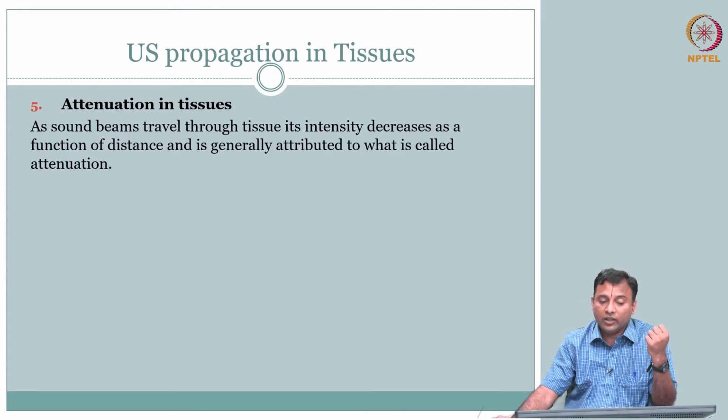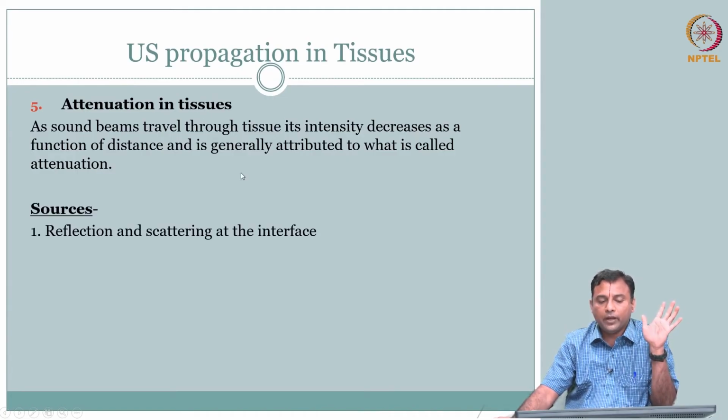Absorption. So as a sound beam travels through the tissue, its intensity decreases as a function of distance. We do not care about what it is, there is a loss, and this we call attenuation. So what are the sources for the loss? Reflection and scattering at the interface.